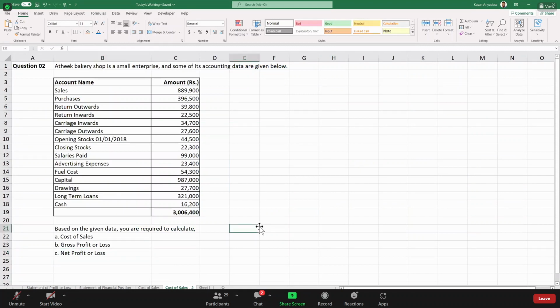Probably that's not easier, but that is the learning. So based on your knowledge, calculate the cost of sales, the gross profit, the net profit. And if you have any questions, please ask.